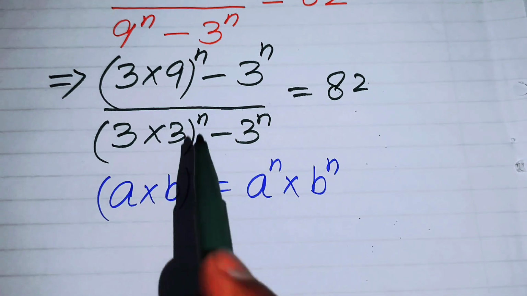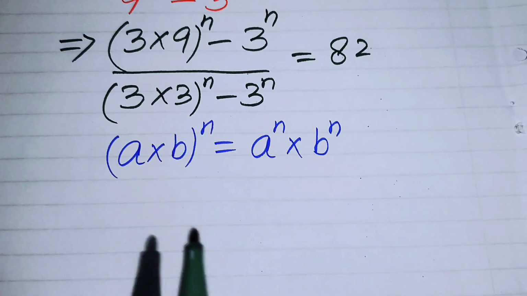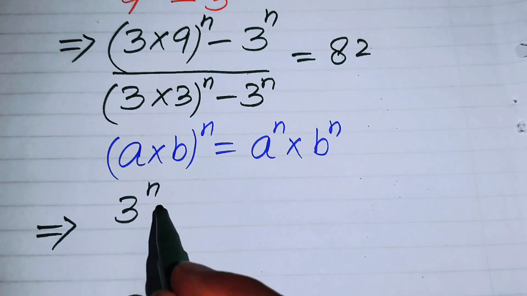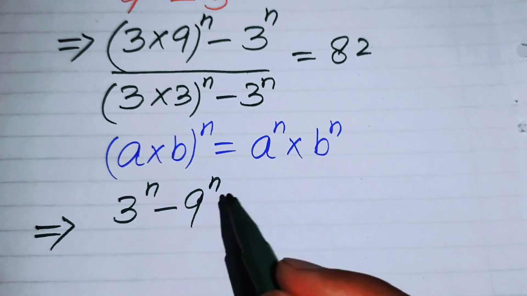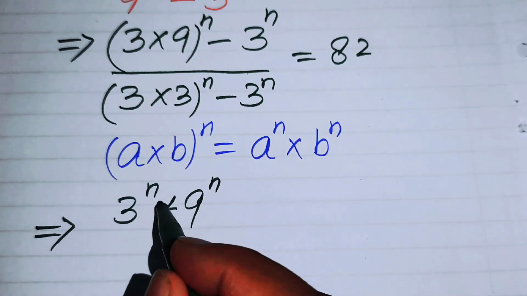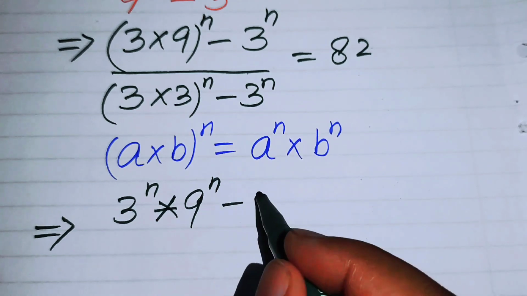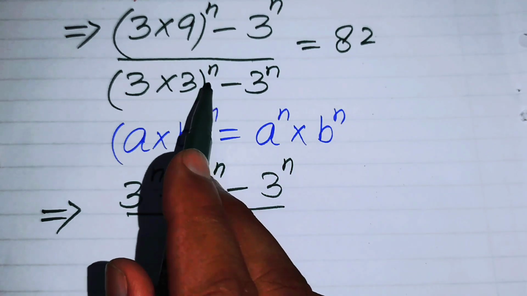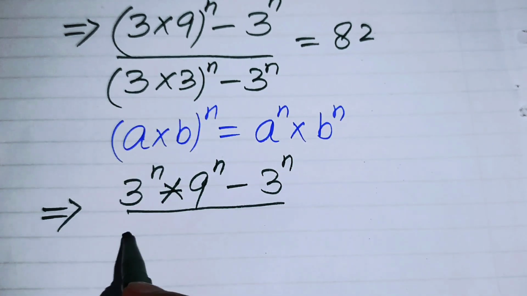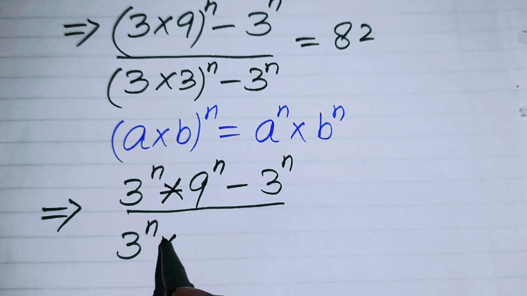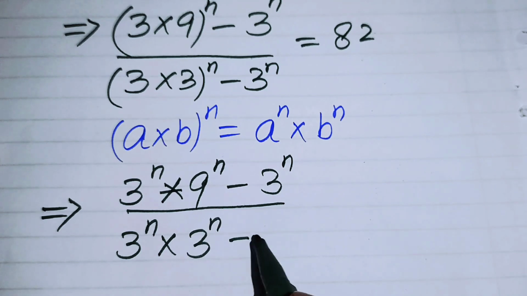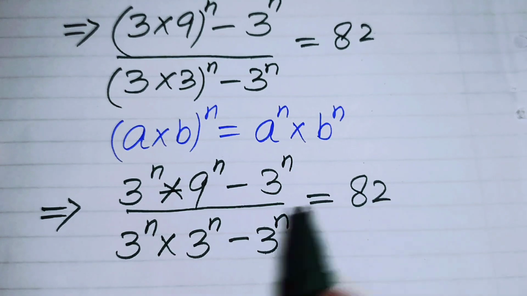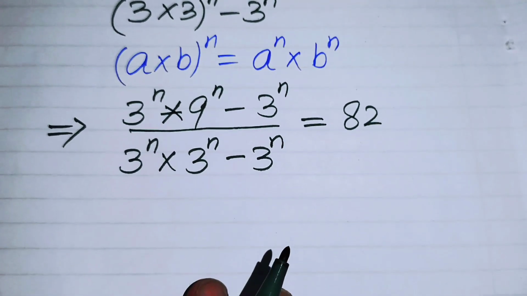According to this law, this term will be rewritten in the form of 3 to the power of n times 9 to the power of n, minus 3 to the power of n, over, here we again separate this exponent and you get 3 to the power of n times 3 to the power of n, minus 3 to the power of n is equal to 82.